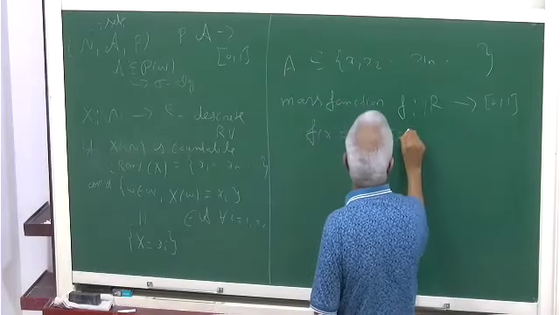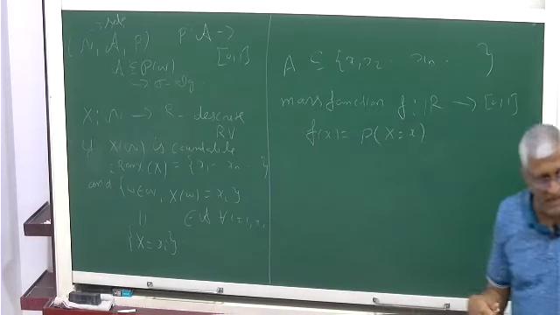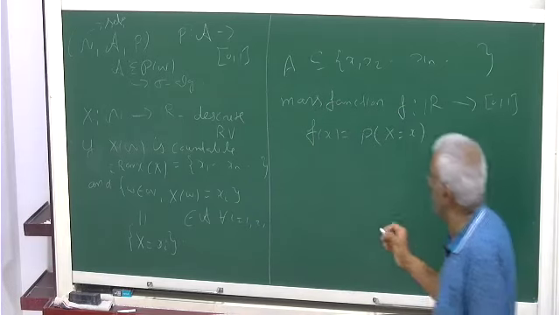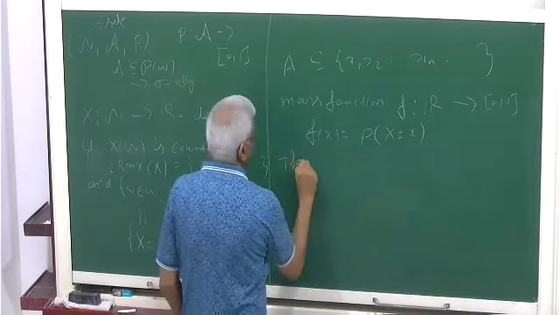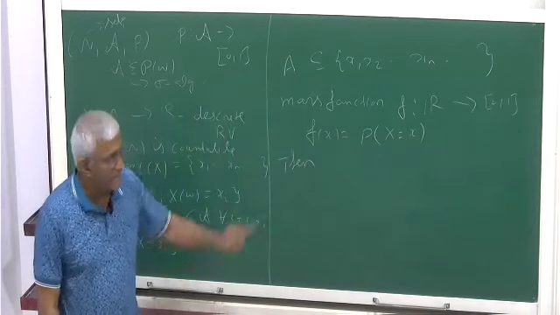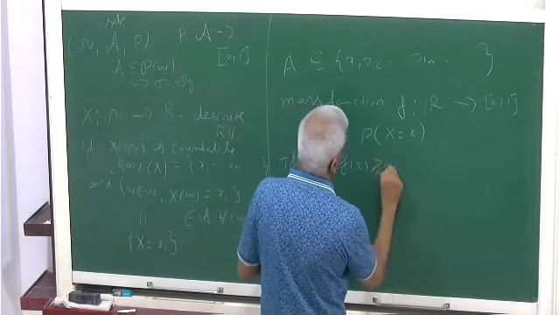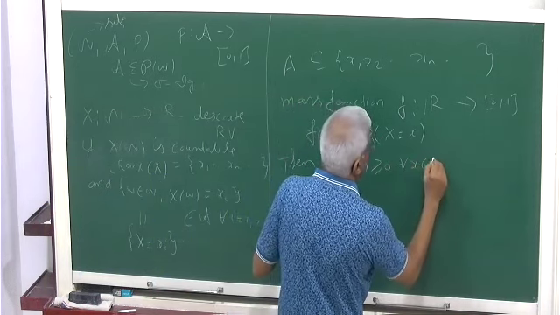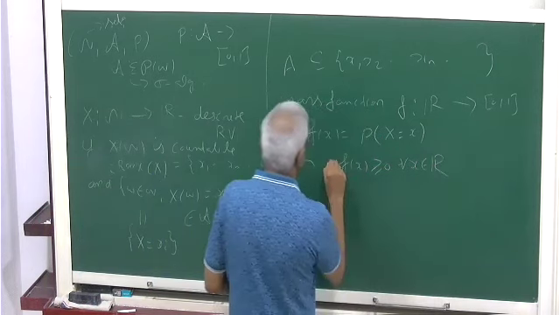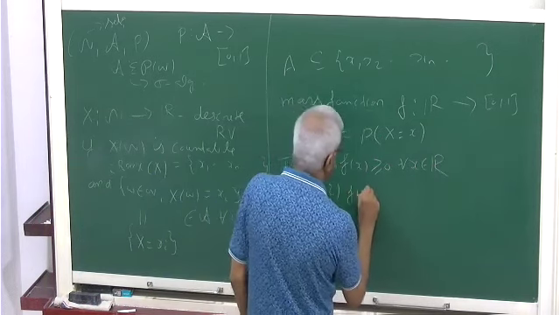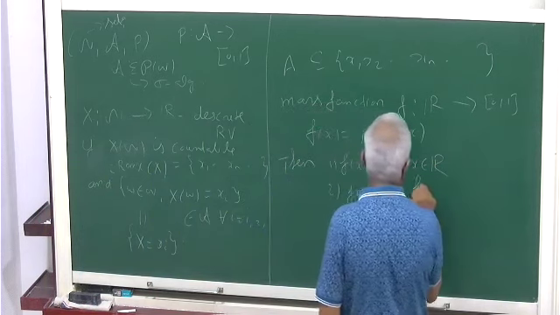For a discrete random variable X, the probability mass function satisfies: f of x is always greater than or equal to 0 for all x in R. The second condition is that f of x is strictly greater than 0 for only countably many points.